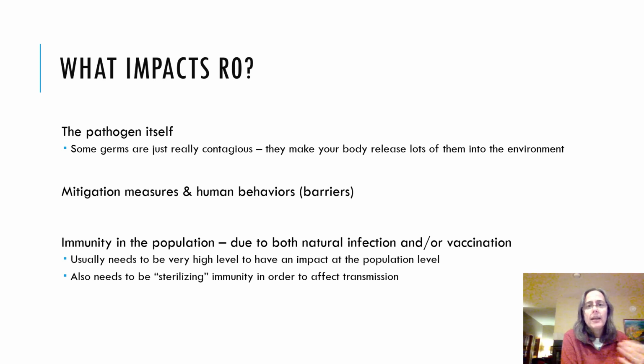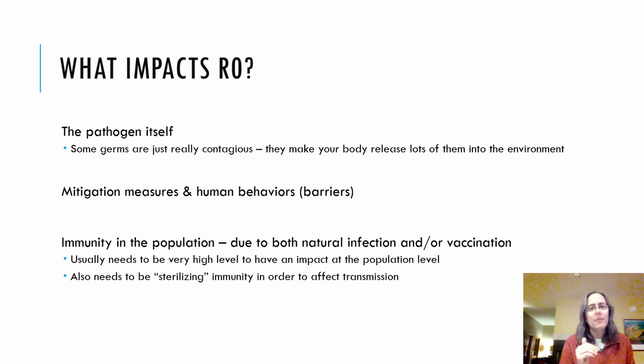Some germs might get into my bloodstream, but maybe they don't make very many copies of themselves, and then who else is really going to come in contact with my bloodstream, right? So it's not just how many copies of the germ get made in your body, but also how much you're spewing them out into the world. The germ itself is going to determine those things.